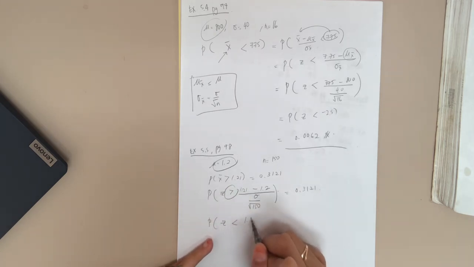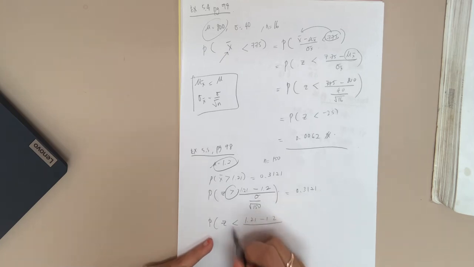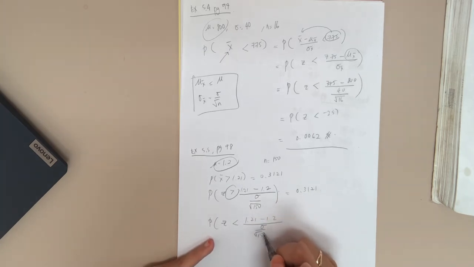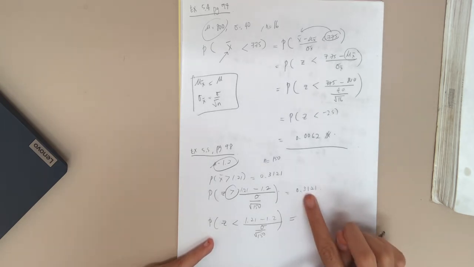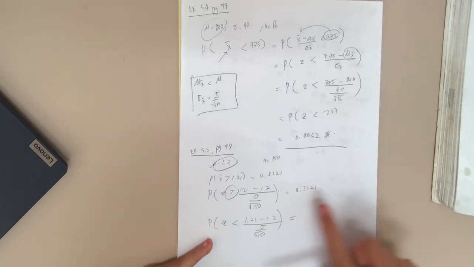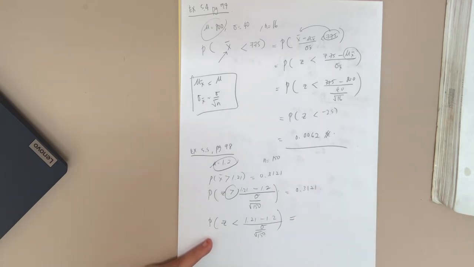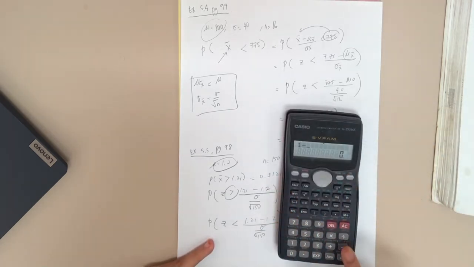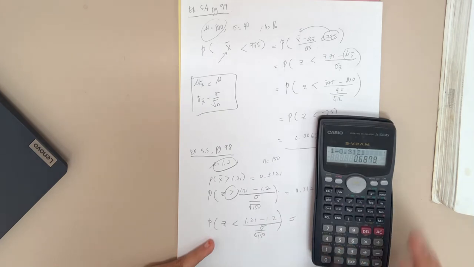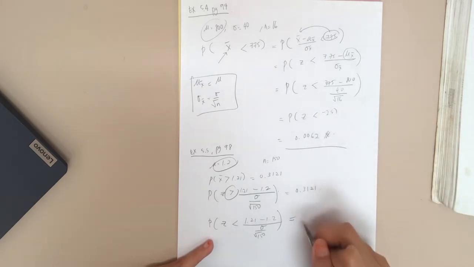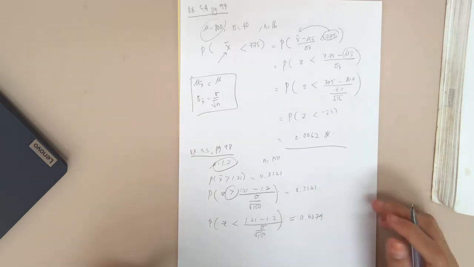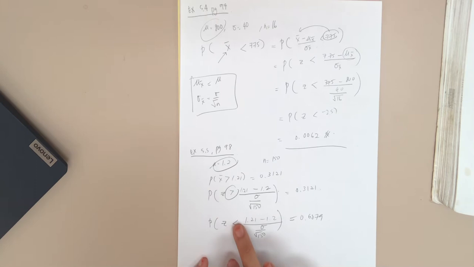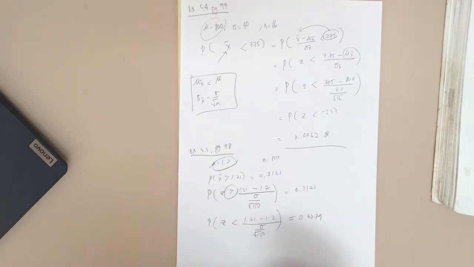We changed the symbol, the rest will be the same, but now the value here will be different. It's no longer 0.3121. It must be 1 minus 0.3121, which is 0.6879. Remember, why do we need to do 1 minus? Because we already changed the sign.